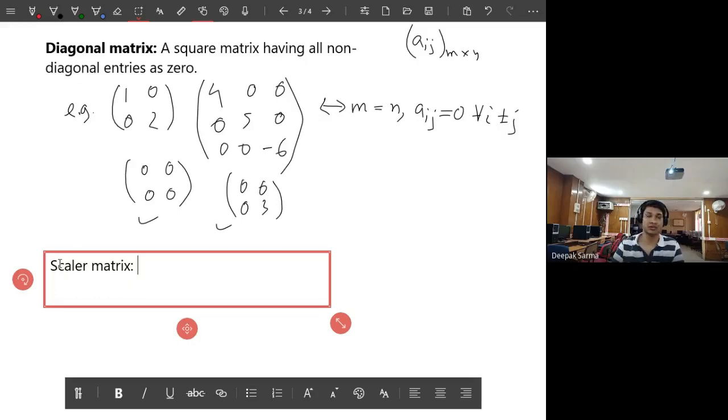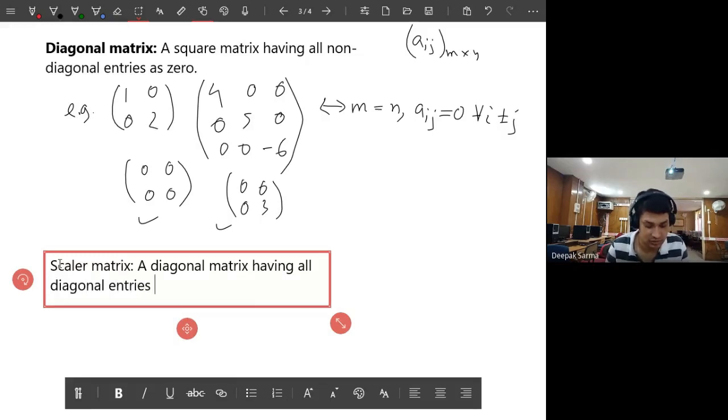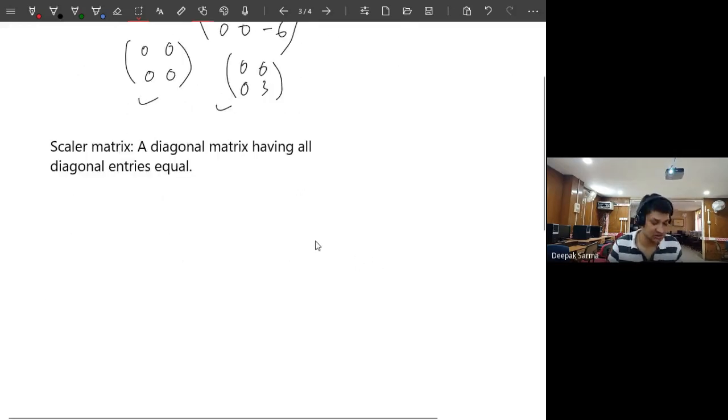Or if you want to write it that way, a diagonal matrix having all diagonal entries equal. Because it is a diagonal matrix, we have to write something of that type. So, is this a scalar matrix?